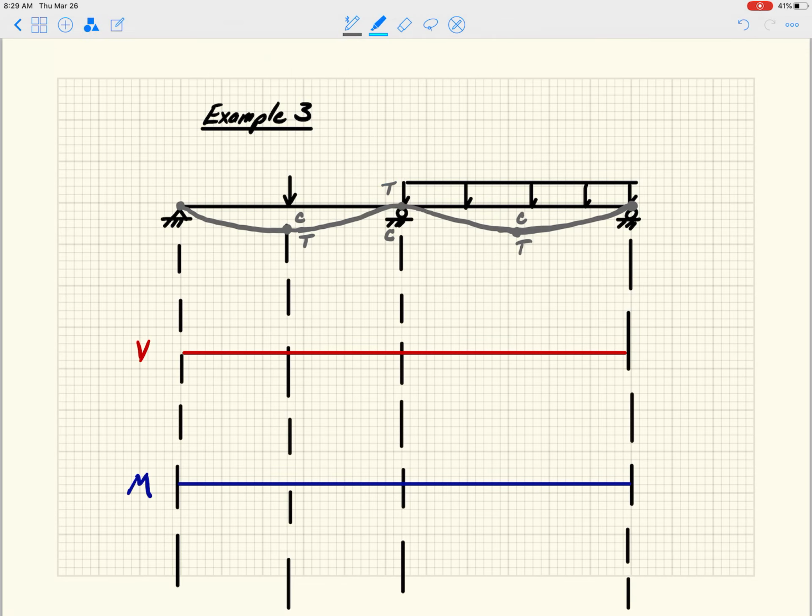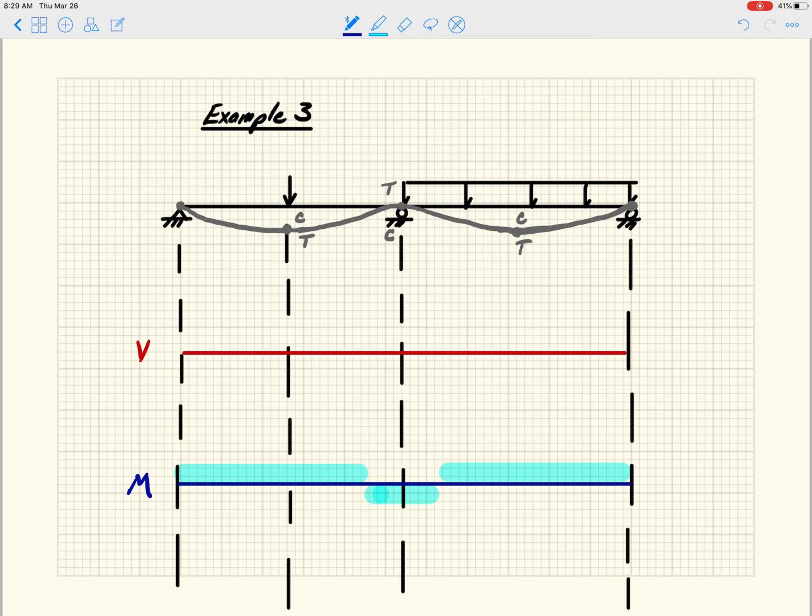So I don't know exactly how long that segment is, but there is a segment there where I have compression on the bottom, and then there's a large segment here where I have compression on the top, and there's a big segment here where I have compression on the top. Right?